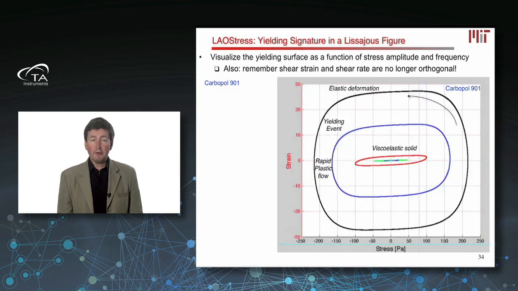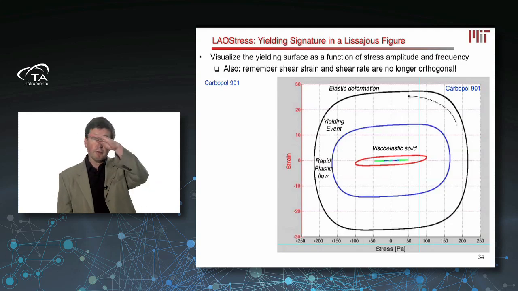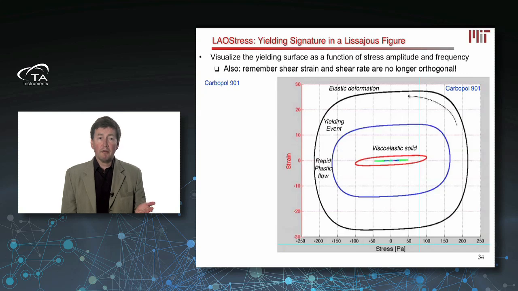So if you want a physical interpretation of these kinds of shapes, and you can only see them in 2 dimensions, the way I think about it is to think about the sequence of processes that go on. And so there's a region where the material deforms elastically at the top of this curve. Then there's a sudden yielding event at a critical stress, and then there's a rapid region of plastic flow.